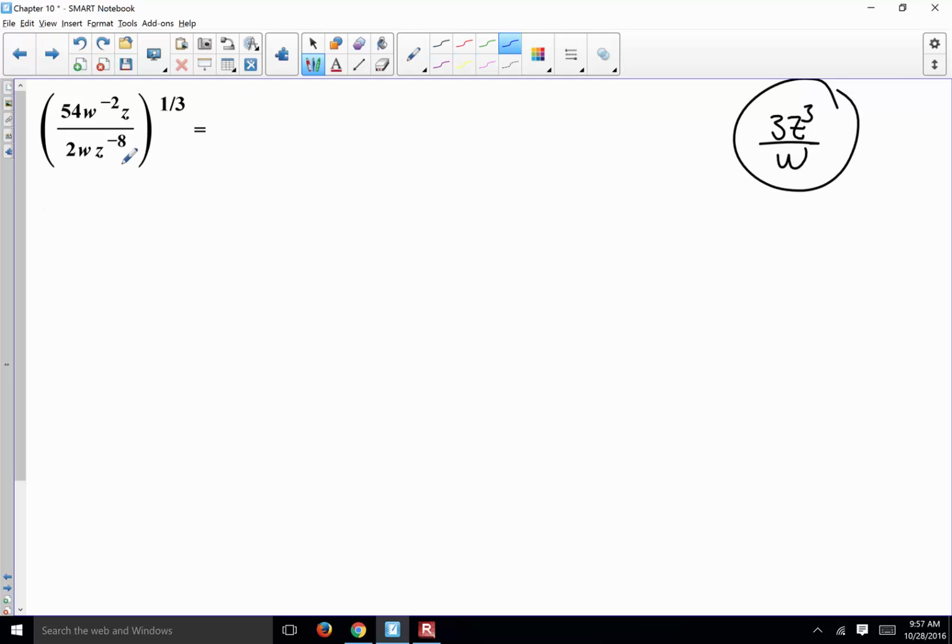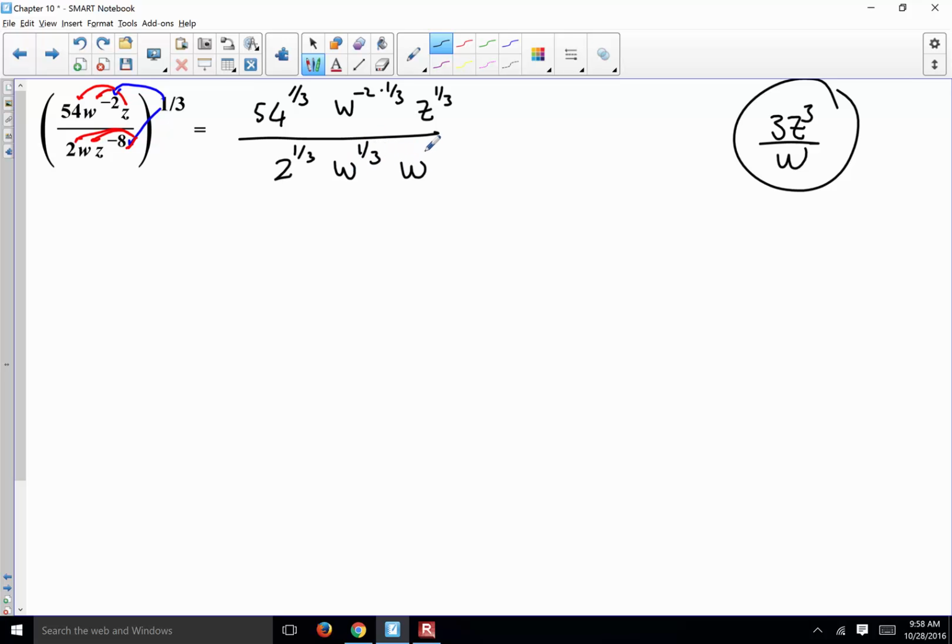First one, the one we recently did. You pass this to the top and bottom, and on the top you pass this to each and every power, and on the bottom you pass this power to each and every power. This is what we did in the previous question, and it was a little bit long. Minus 2 times 1 over 3, z times 1 over 3, and 2 times 1 over 3, and w times 1 over 3, and minus 8 over 3, z.